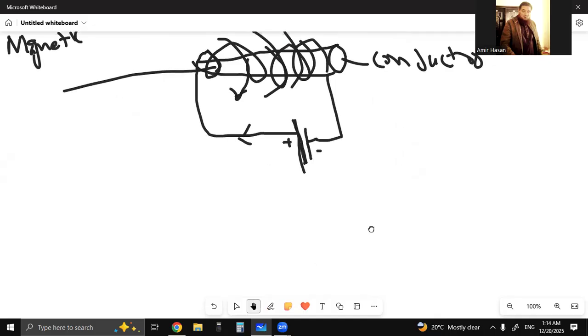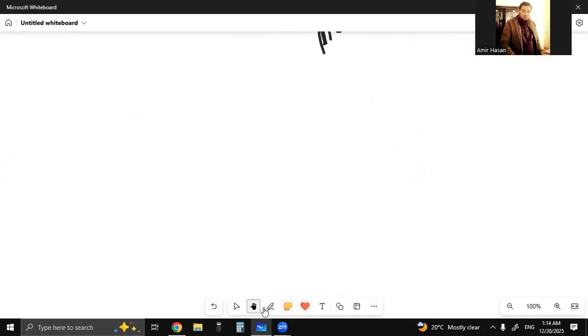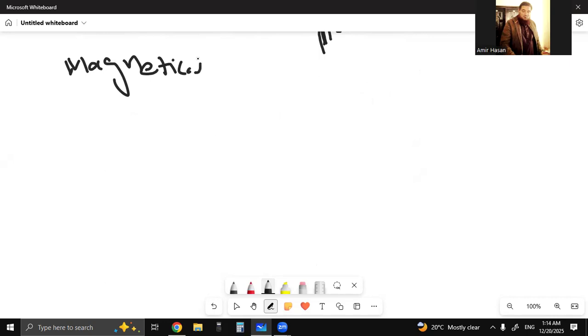Now, an electromagnet is produced when we pass electricity through a coil. Some substances are magnetically hard, and some substances are magnetically soft. When we apply electricity on a magnetic material, it changes into a magnet, and if its property is retained for a long time, it is a hard magnetic substance.